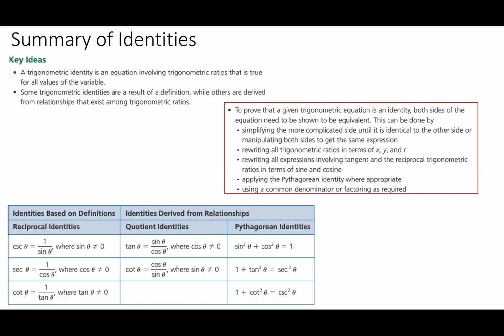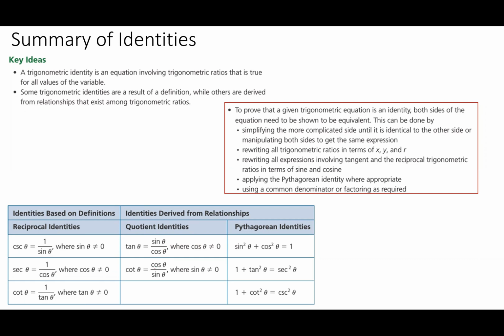We looked at the quotient identities, which are really important because we showed using the unit circle as well as an angle in standard position on the Cartesian plane that tan theta is sine theta over cosine theta, right? As a result, its reciprocal, cotangent theta, should be the opposite.